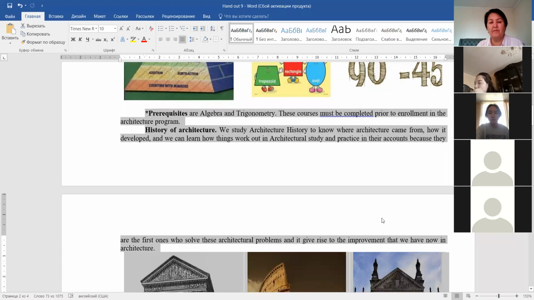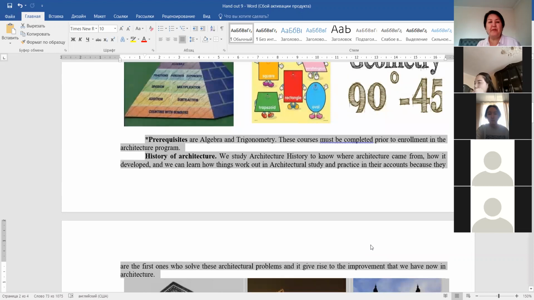We study architecture history to know where architecture came from, how it developed, and we can learn how things work out. Architects studied and practiced in their accounts, because they were the first ones who solved these architectural problems, and it gives rise to the improvement that we have now in architecture.